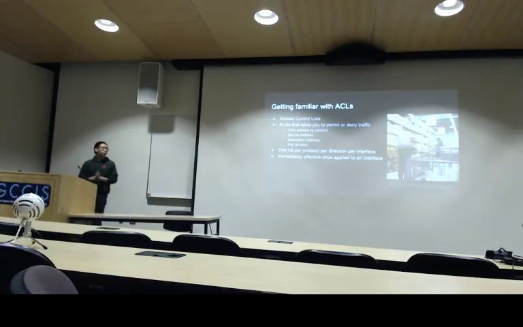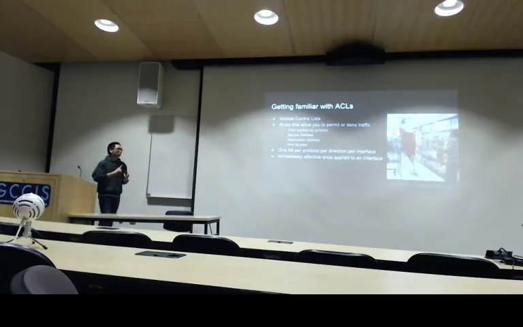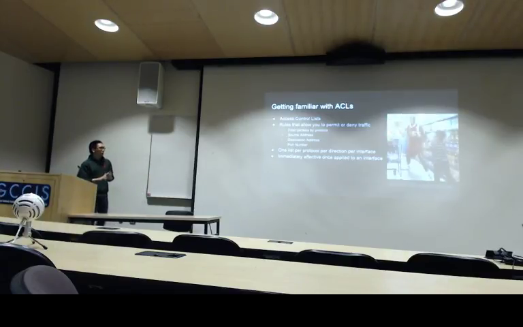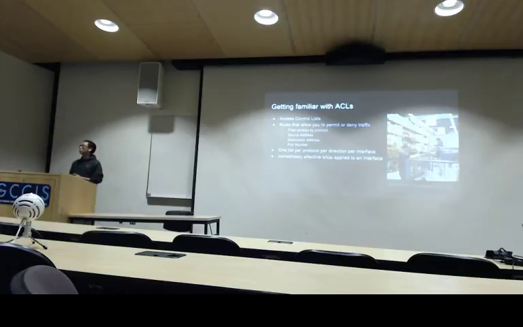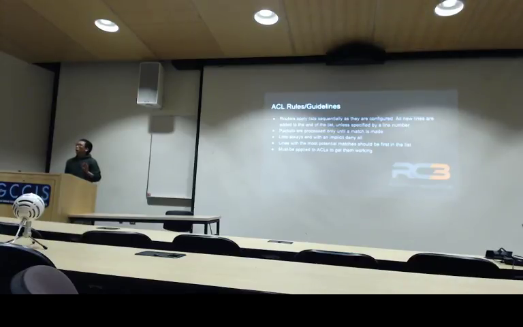We'll get into the rules and guidelines, but essentially you have one list per protocol, per direction, per interface. And once you apply it, it starts working, which is really good because you don't have to restart anything.